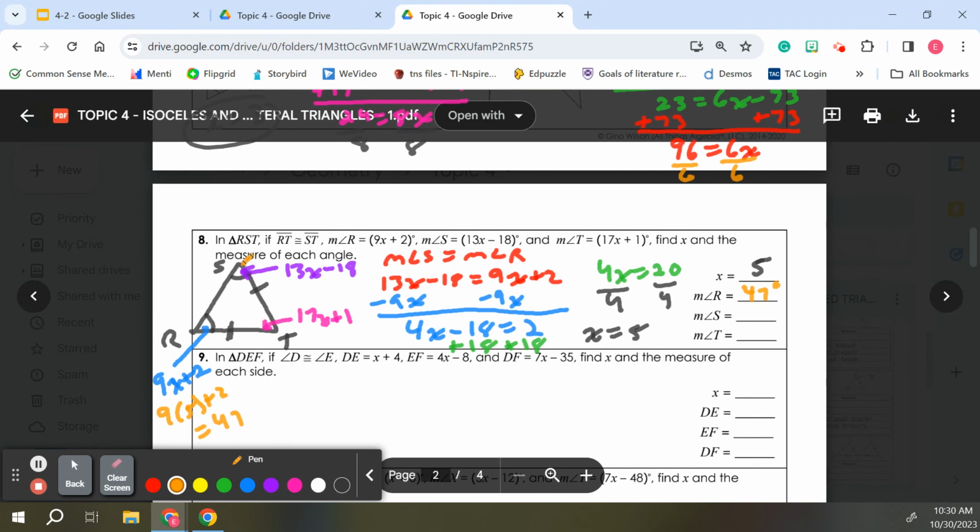So what is angle S? 47. And then I'm going to substitute this in for angle T. So this will be 17 times 5 plus 1, which leaves me with a total of 86 degrees.